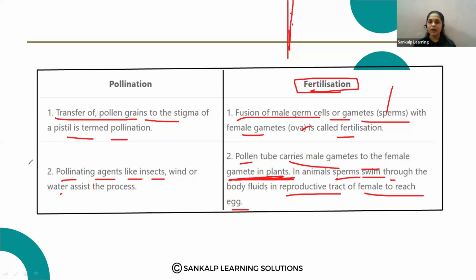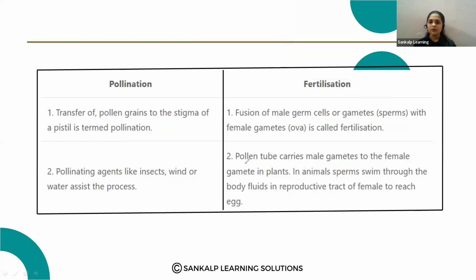Fertilization in plants takes place by the pollen tube that carries the male gametes, which fuse with the female gamete. In case of animals, the sperm swim inside the female body to reach the egg. That is the difference between pollination and fertilization.